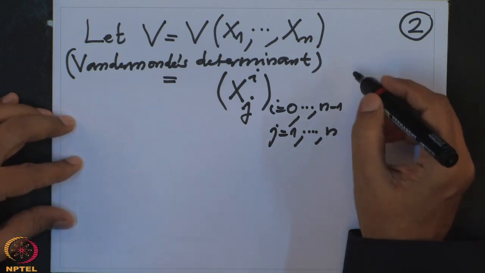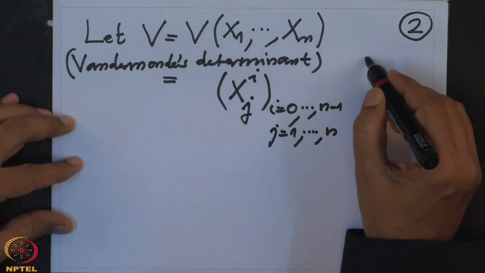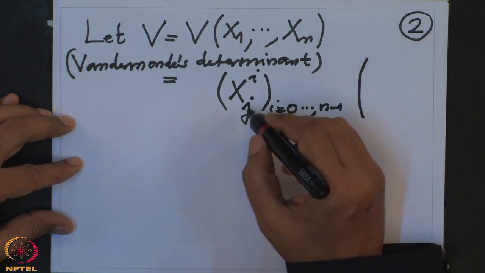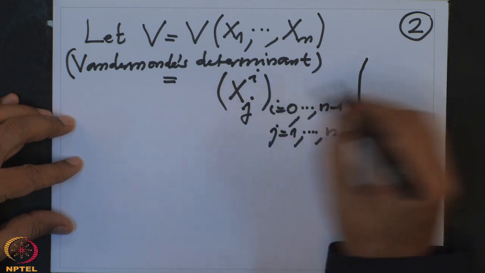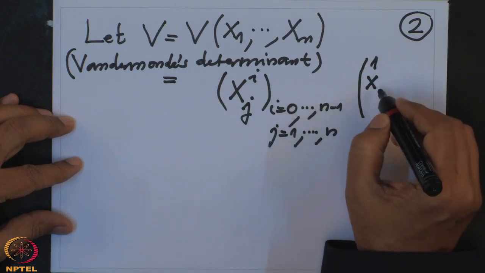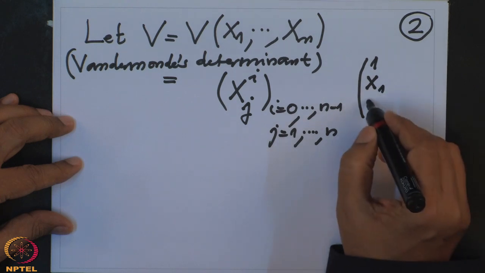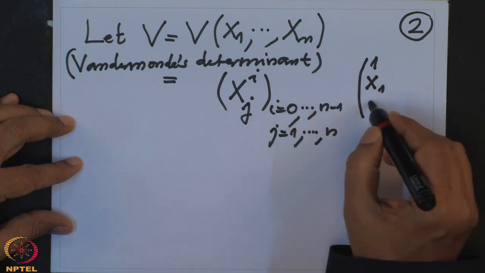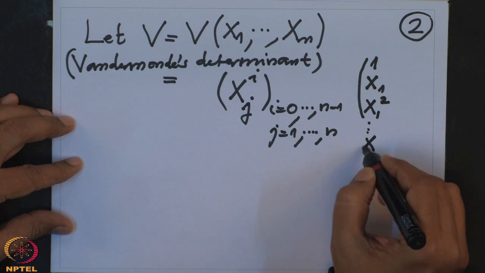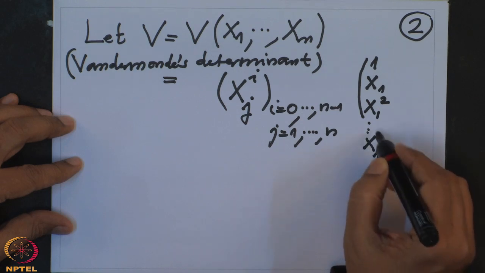So, to get our hands dirty, for example, the first column is j equal to 1, and i is varying: 1, x1, x1 square, etc., it goes down to x1^(n-1).